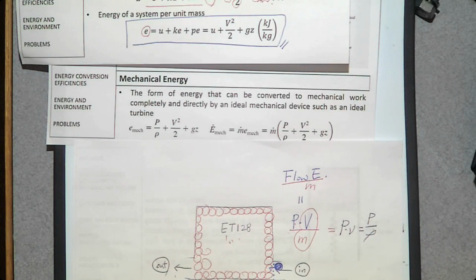It is specific flow energy. So there are three forms of mechanical energy that we can think of: flow energy, kinetic energy, and potential energy. If you divide by mass, you get specific mechanical energy. Then multiply by mass flow rate, you get the total mechanical energy per unit time.